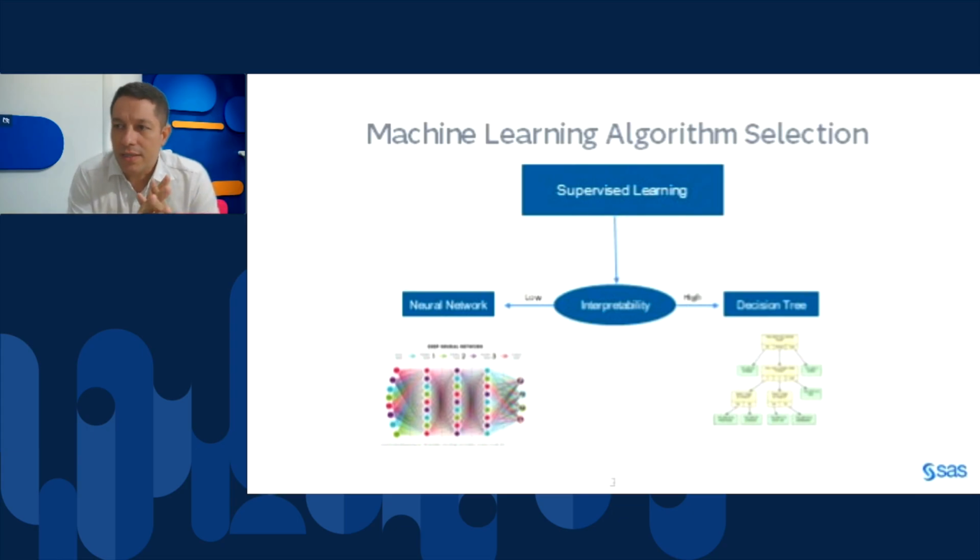If you are interested in accuracy, we need to use very strong algorithms like neural networks or gradient boost or forest. We know that these algorithms are very powerful.